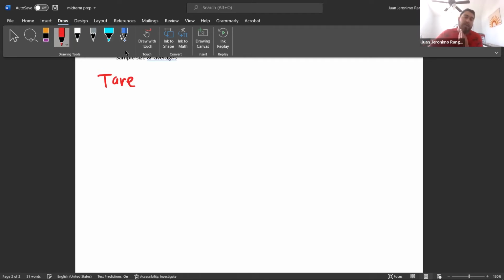Tear, or taring. Remember, a lot of things you have to put your sample in some sort of vessel on your scale, but you don't want the mass of the container. So you put the empty container on first, click the tare button, and that removes it, so you're only weighing your sample.